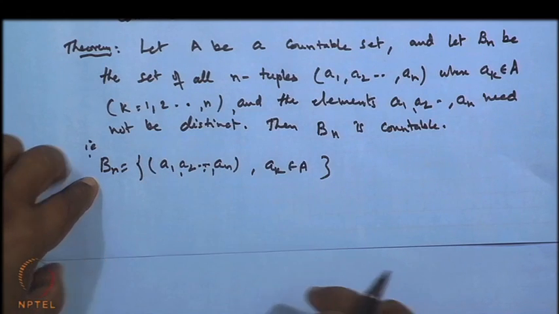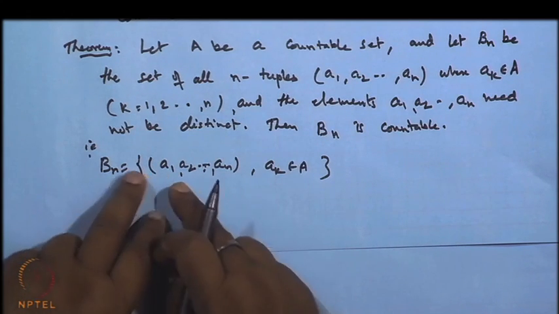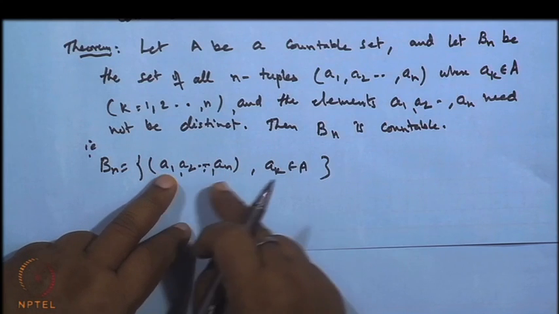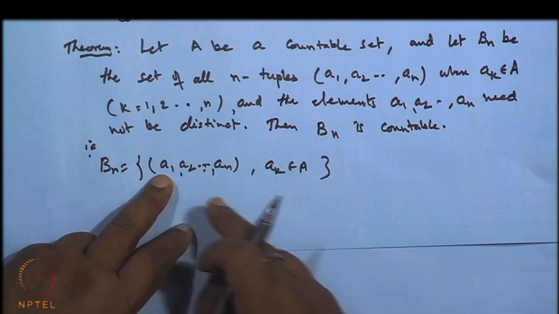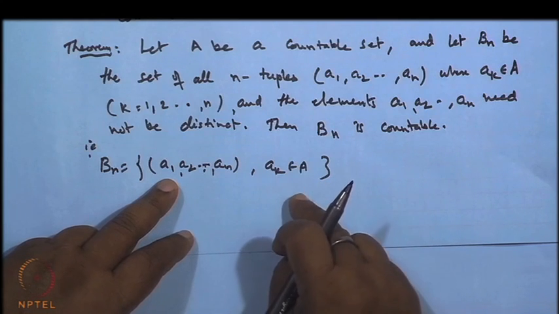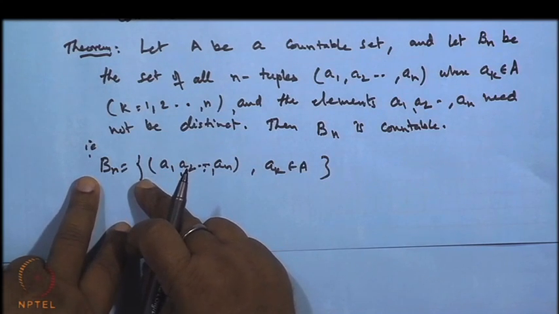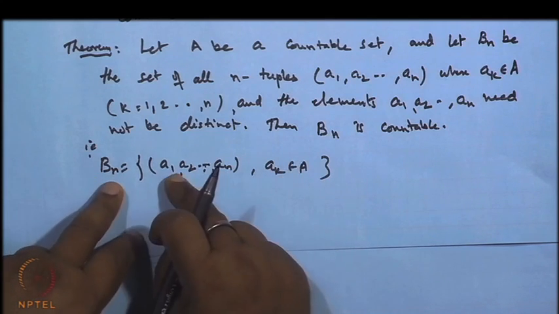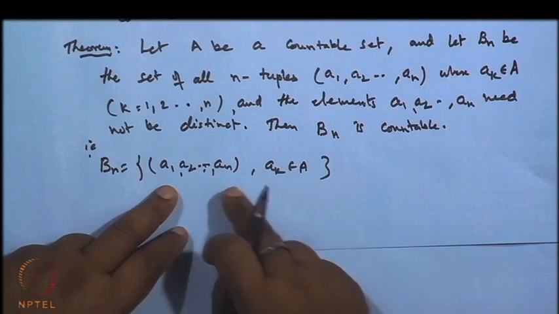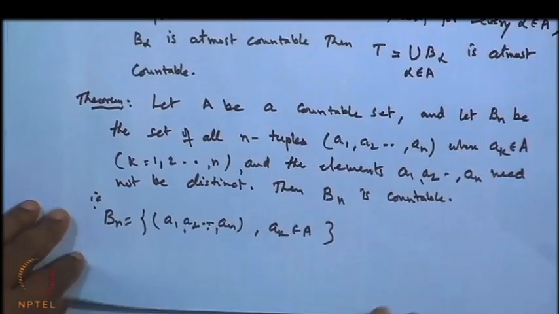In particular, when you take n equal to 2, the set of all ordered pairs where a_1, a_2 belong to a countable set becomes countable, and this leads to the proof that the rational numbers are countable. So, let us see the proof of this first.